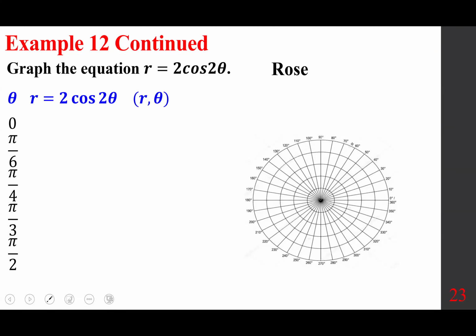Again, let's go with easy numbers. 0, that gives you cosine of 0, which is 1, times 2 makes it 2. Pi over 6. Pi over 6, 2 times pi over 6 is pi over 3, cosine is 1/2, 2 times that is 1. Pi over 4, 2 times that is pi.